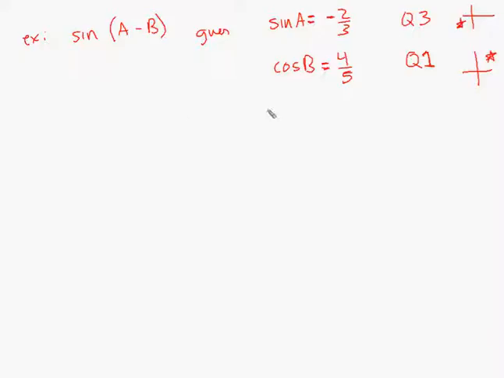Okay? So if I'm going to figure this out, I write down my difference formula. That's sine A cosine B minus cosine A sine B. What do I do next? You have to find the other ones. And how do I do that? Yeah, I draw my triangles.